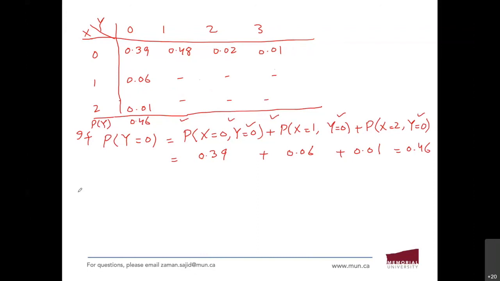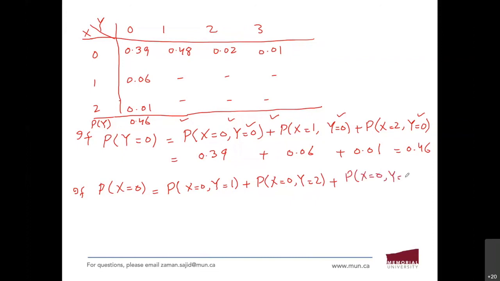Now, if you want to find out the marginal probability when x is equal to 0, in this case the x remains the same, whereas we change the y values. So what will the formula be? It will be the joint probability at x is equal to 0 and y is equal to 0, plus x is equal to 0 and y is equal to 1, plus x is equal to 0 and y is equal to 2.